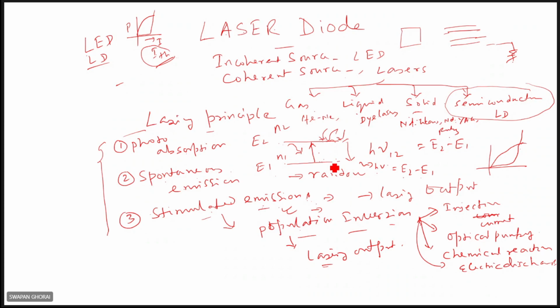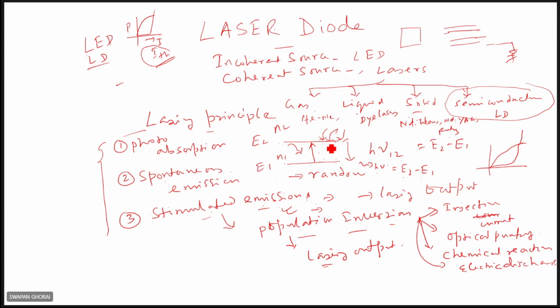This time the transition occurs by external stimulation. When it occurs like this, it is called stimulated emission. And the difference is that this time the emitted photons are in phase, or the phase difference remains constant for all of them, right? So that is the stimulated emission.